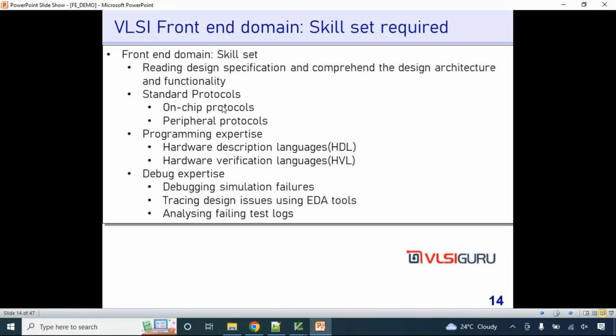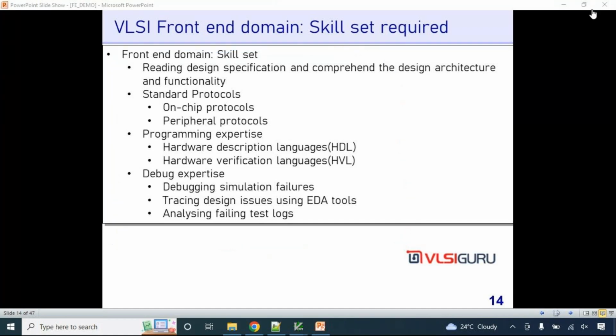Peripheral protocols are like USB, PCI Express, DDR. Other than that, good programming expertise, and debug expertise. Debug means how to debug the failures, how to trace the issues using the tools, how to analyze failing logs. This is all the skill set required as a front-end engineer.